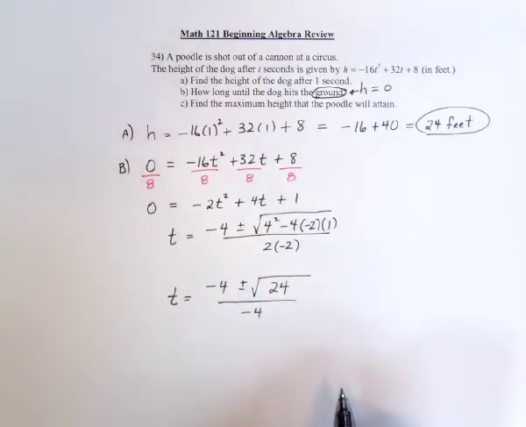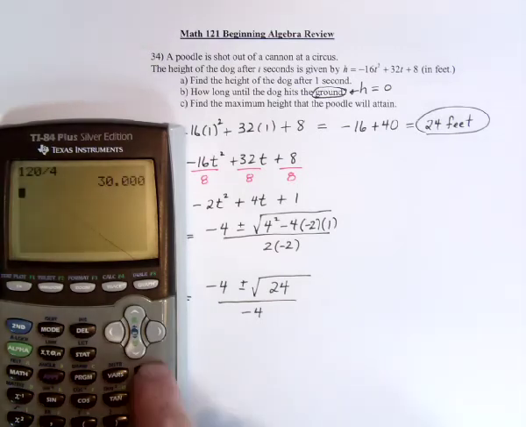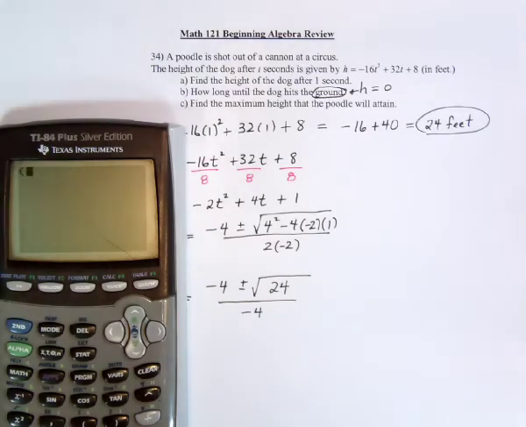Because this is a word problem, I would like to get the decimal answer. So we would need to use a little calculator for that. So the calculator knows that all of this is in the numerator, I'm putting this in parentheses to say that here's the numerator. Negative 4 plus the square root of 24.